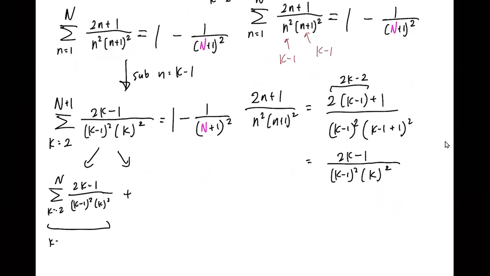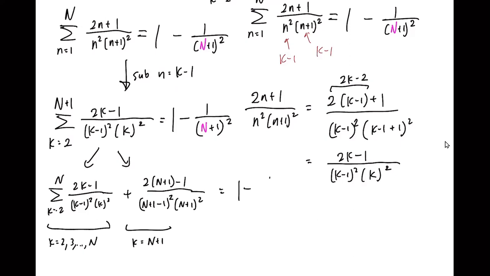This is k equals 2, 3 all the way to capital N. This is k equals capital N plus 1. So let's substitute in capital N plus 1 now, and then we will get this expression equals 1 minus 1 over capital N plus 1 bracket square.